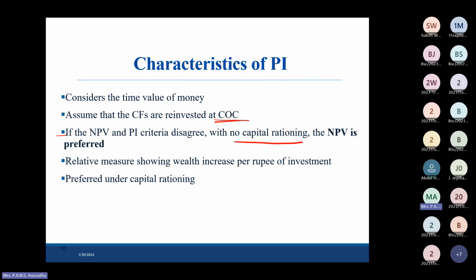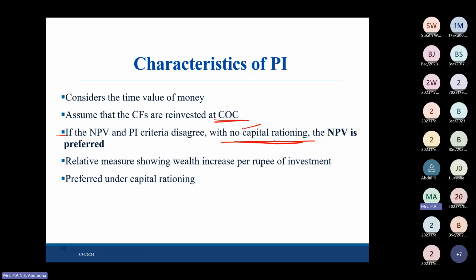In such a situation, to rank the projects, to decide which comes first and what next, the profitability index is the most appropriate one. So you may underline this: the PI index is a very relevant measure when there is capital rationing.